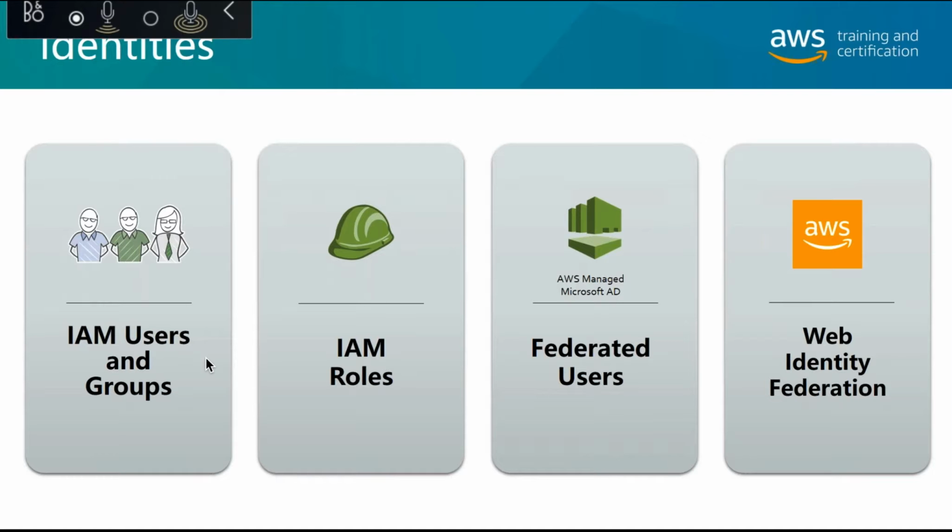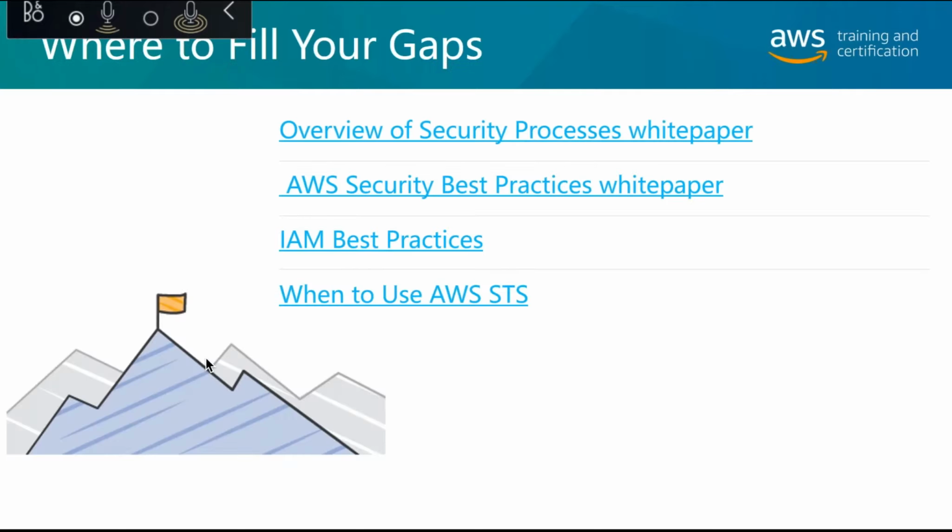The second use case of roles is for cross-account access. The third use case of roles is federated users, and the fourth use case of roles is web identity federation. We have some links to security white papers and IAM best practices. STS is the Security Token Service.